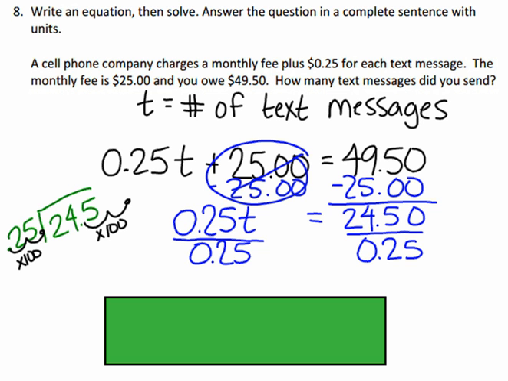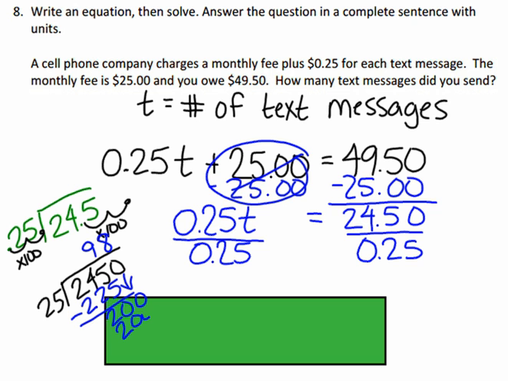So this is the same division problem as 2,450 divided by 25. So 25 goes into 245 9 times to get 225. Subtract, bring down the 0, and 25 goes into 200 8 times.